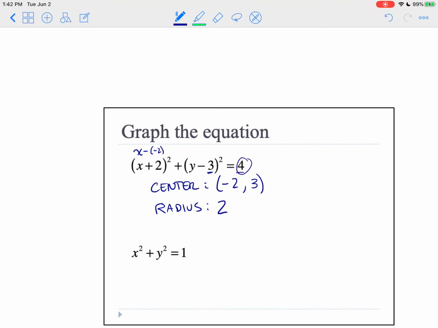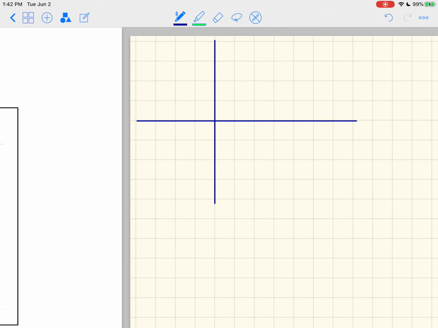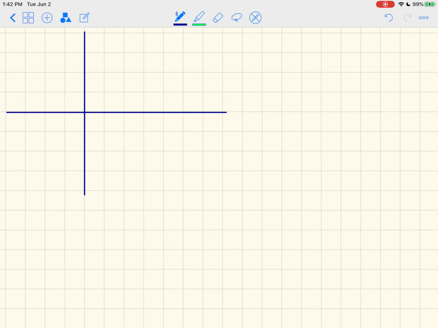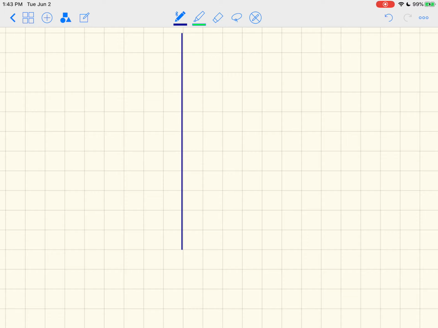We have to take the square root in our head to get our radius. So we go to graph this. We have a center at negative 2, 3.